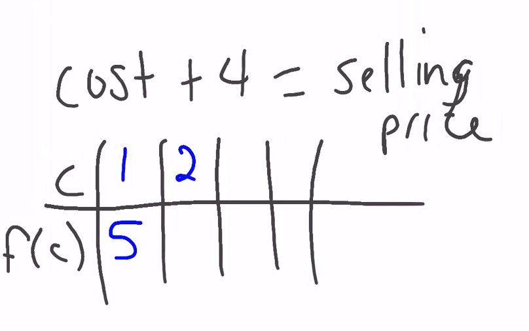If his cost was $2, then 2 plus 4 would be 6. If his cost was $3, then his selling price would be 7, and so on. So that's how that would work, just by looking at this and seeing that whatever his amount is would be adding 4 to it, and that would be how much he sold it for.